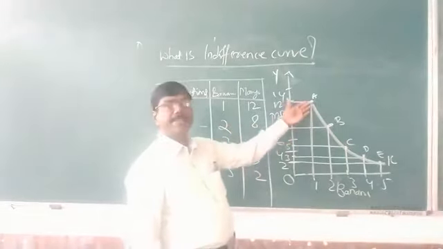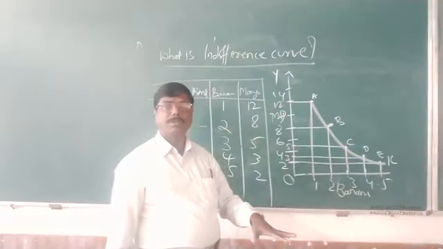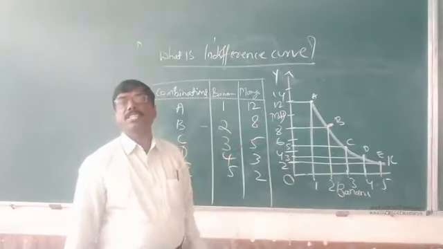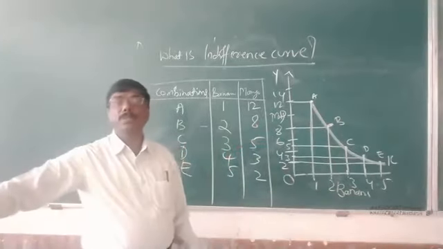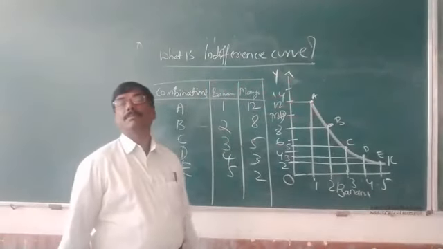He may choose A or C or E. So all combinations of bananas and mangoes give the same level of satisfaction to the consumer. So it is known as an indifference curve.